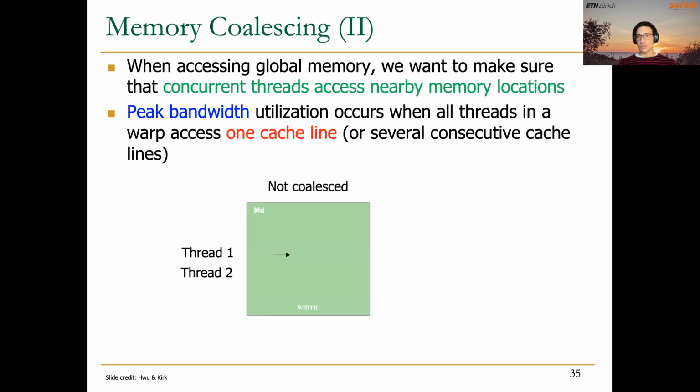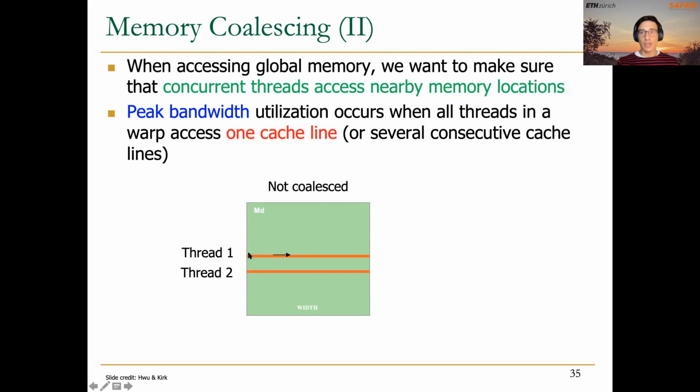You are going to see here an example of an uncoalesced, or not coalesced, memory access. Imagine that we have these two threads, thread 1 and thread 0. They are accessing elements in one matrix, in this case matrix MD, and imagine that they are accessing the elements in this way. The first access of thread 1 happens here, the second access of thread 1 happens here, while the first access of thread 2 happens here, and the second access of thread 2 happens here.